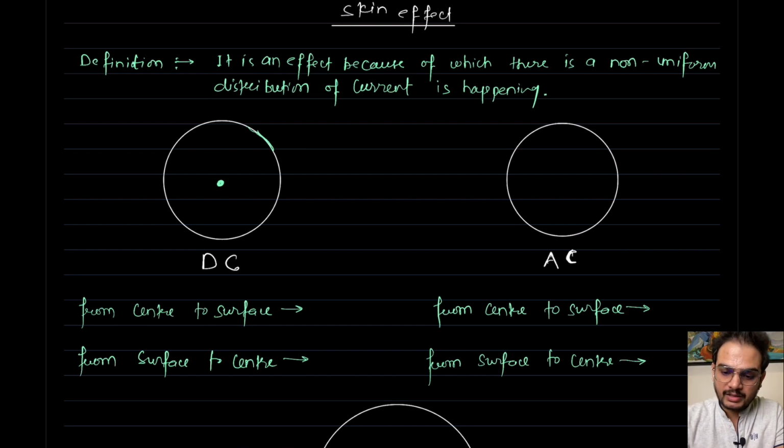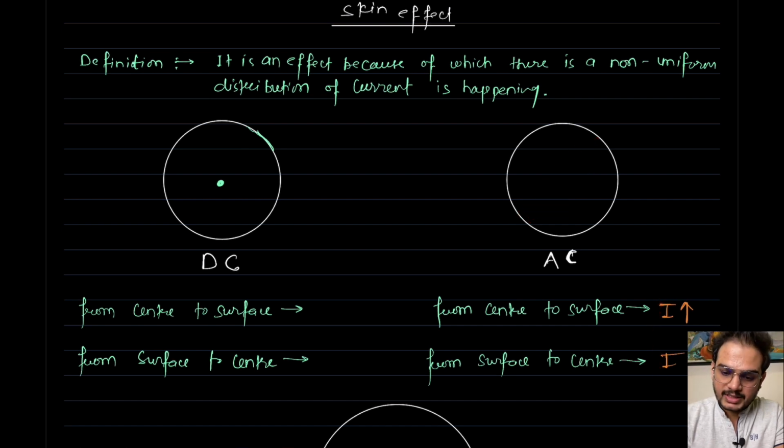So I can write here: from center to surface, current increases. From surface to center, current decreases. This represents the non-uniformity in the current distribution across the cross section area of the conductor.